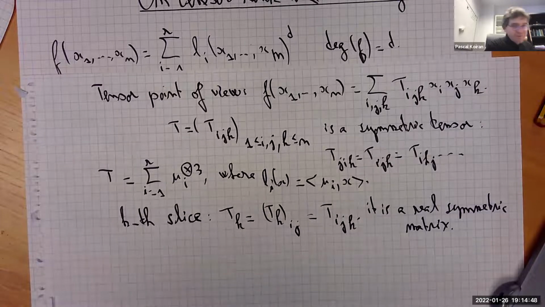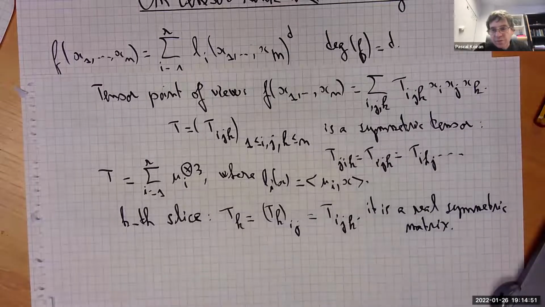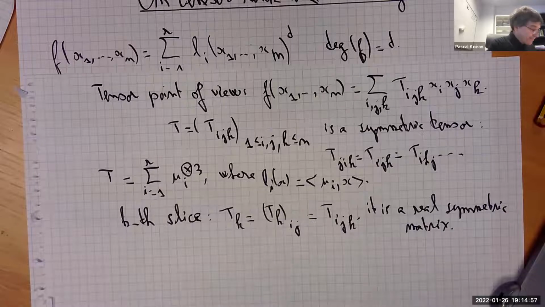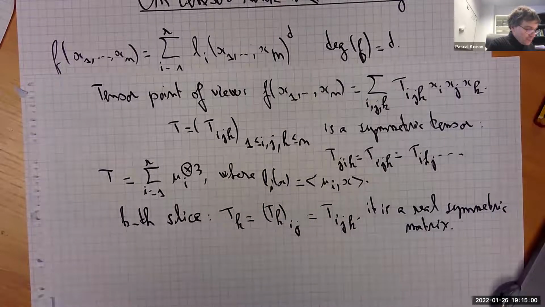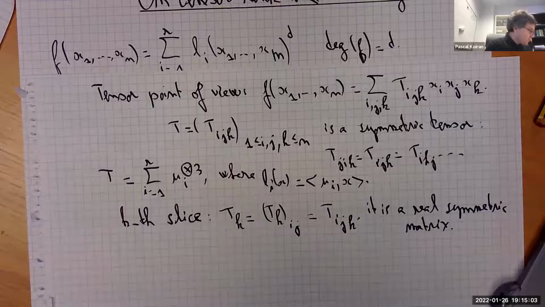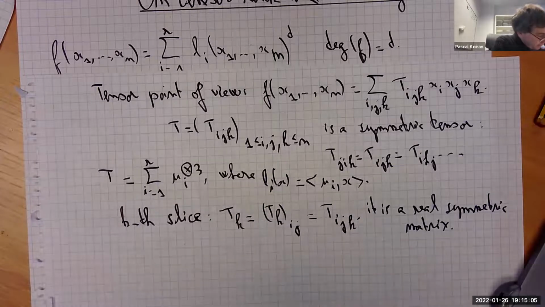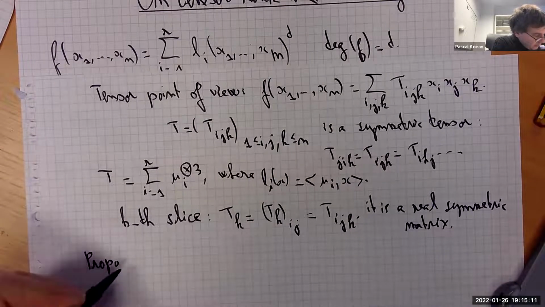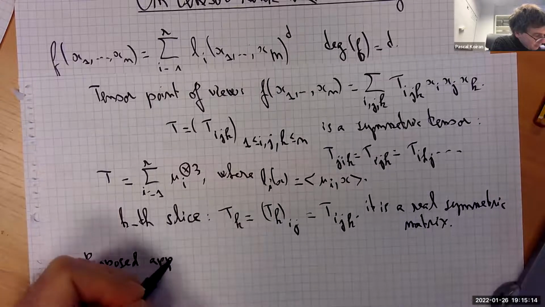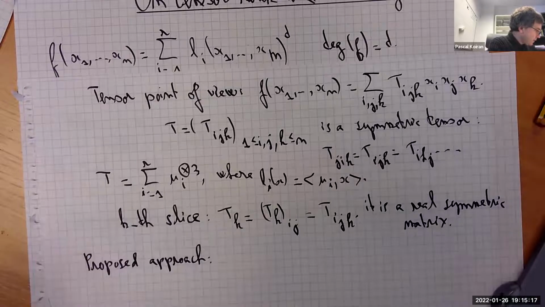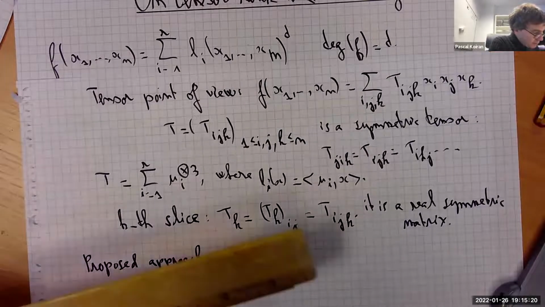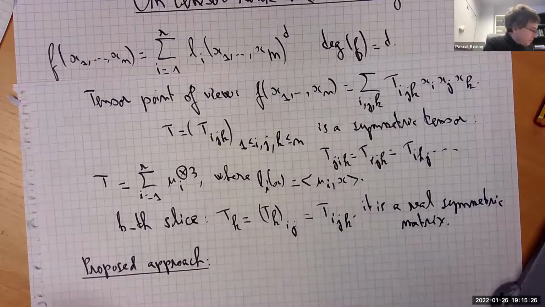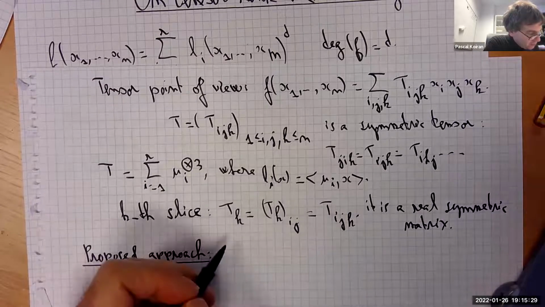All right, so that was my introduction to this tensor point of view. Now let me present the proposed approach to get some lower bounds from this point of view. You could call this the method of commuting extensions.